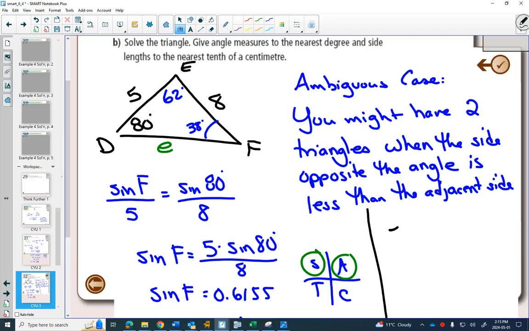This time I would put the e on the top over sine of 62 equals, and I would most likely use the ones that were given to me originally in the question. Multiply both sides by sine of 62.